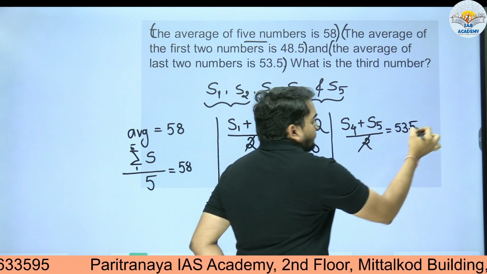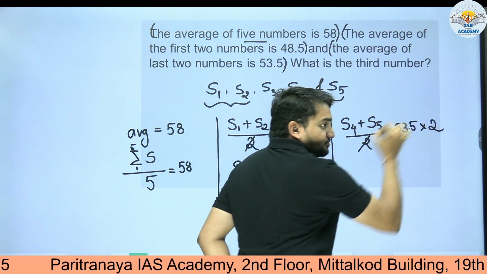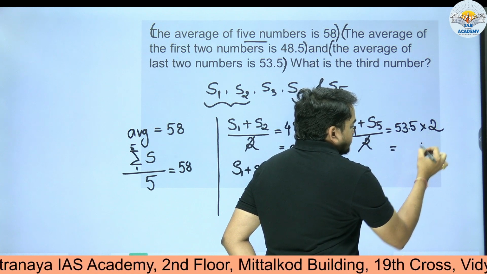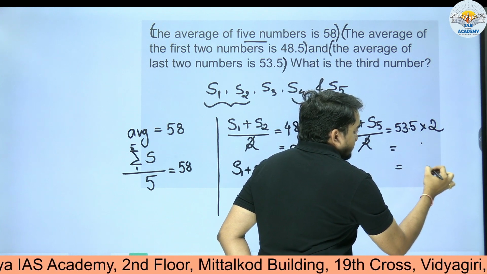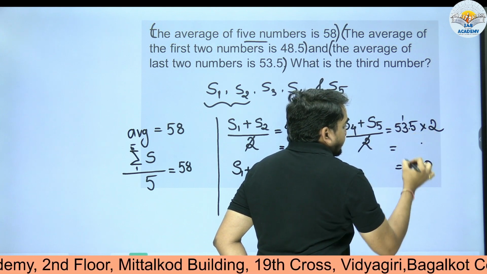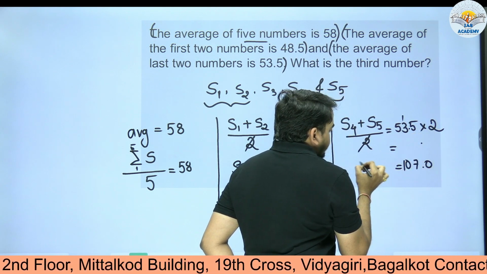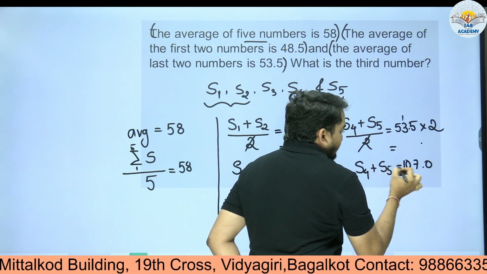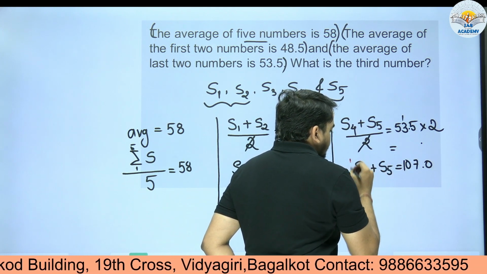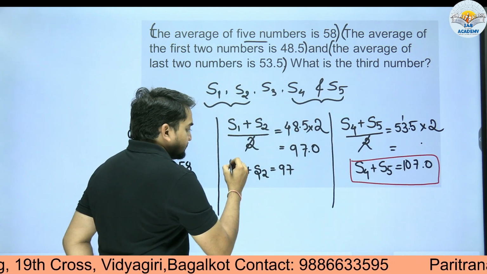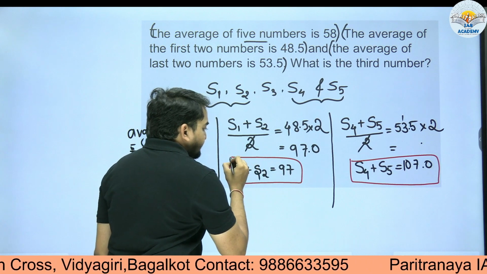So again, I'm going to multiply by 2. So what do I get here? Here it is 107. Right? So S4 plus S5 is equal to 107. S1 plus S2 is 97.